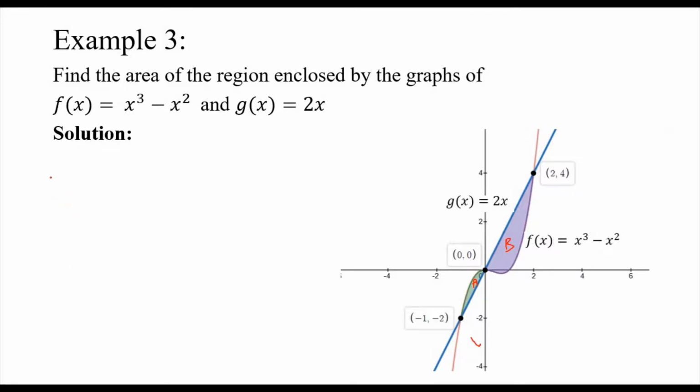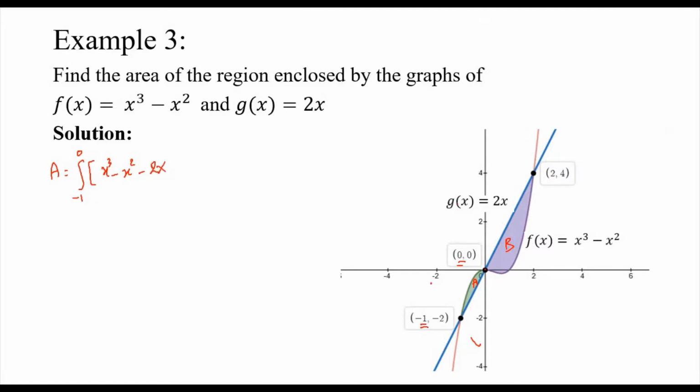So to find the region A, it is the integral from when x is equal to negative 1 to x is equal to 0. So from negative 1 to 0 of the top curve, which is f of x, which is x cubed minus x squared, minus the bottom curve, which is in this case the line 2x.